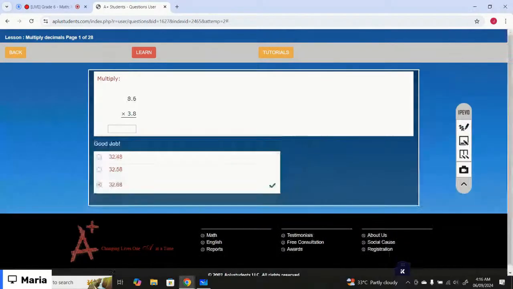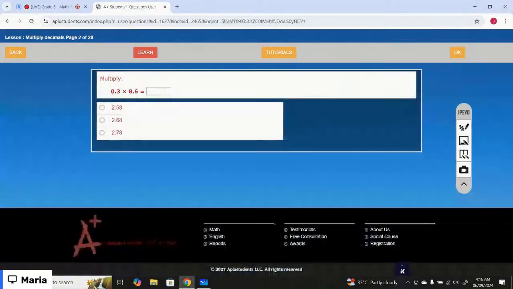Okay, the next one is 0.3 times 8.6. Which is the correct option?